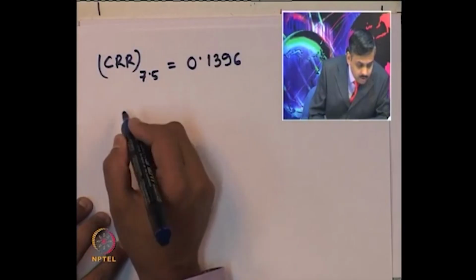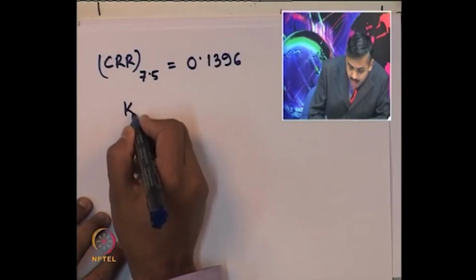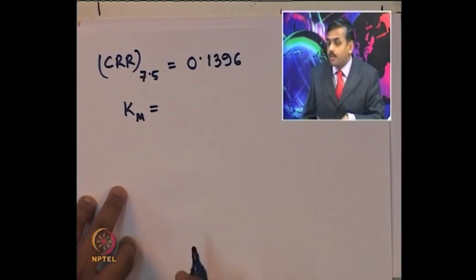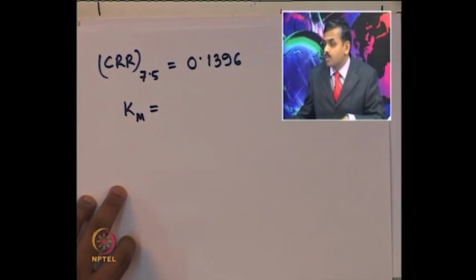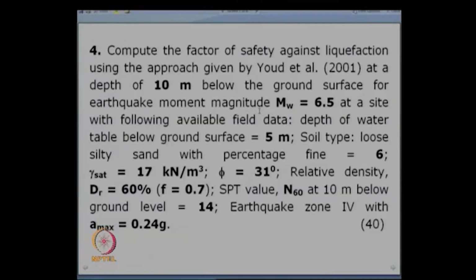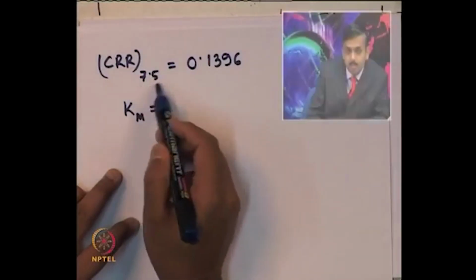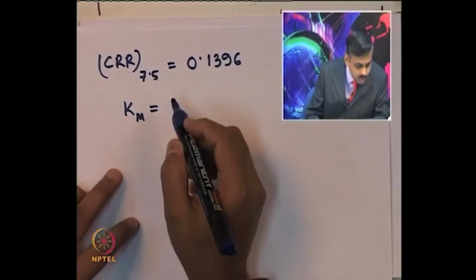With this value, now if we check other correction factors like Km, Km is the magnitude correction factor for this CRR, because in our given problem, if we look at the slide here, we need to compute for earthquake moment magnitude MW of 6.5. So, a magnitude correction factor Km is necessary, because the CRR is for 7.5, and we need to find out for 6.5.